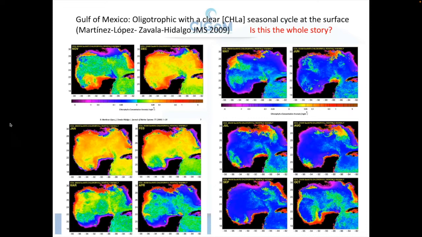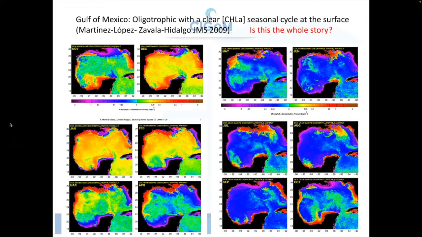We know that the Gulf of Mexico is an oligotrophic system, and particularly in the summer, when you have very stratified and warm waters, the chlorophyll signal is very weak. You see, obviously, the impact of the Mississippi River and some of the other rivers. You also see something I will talk about a little at the end, part of the signal of the upwelling on the Yucatan Shelf, right at the north of the Yucatan Peninsula.